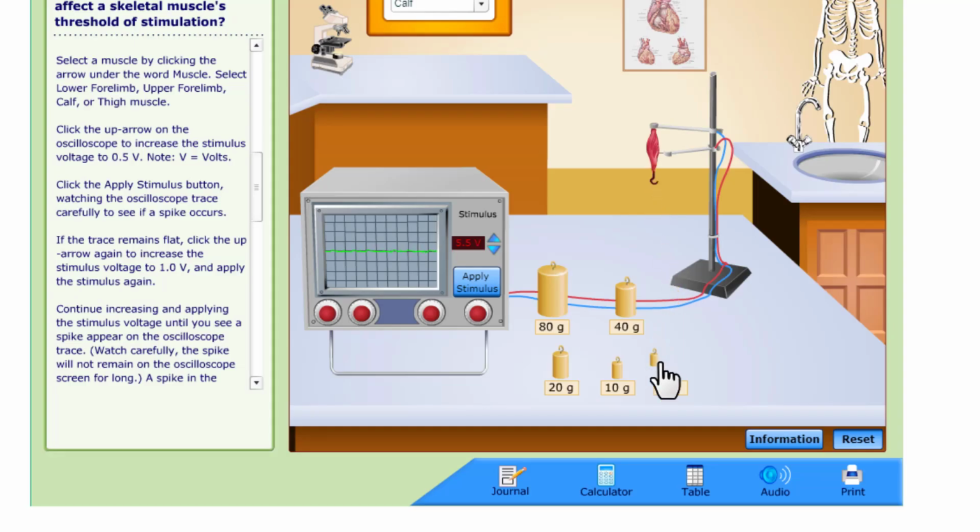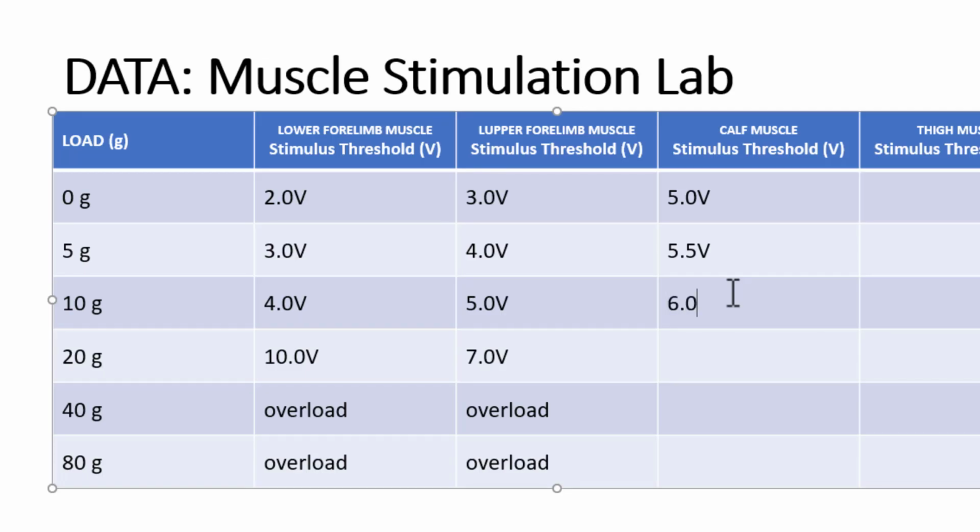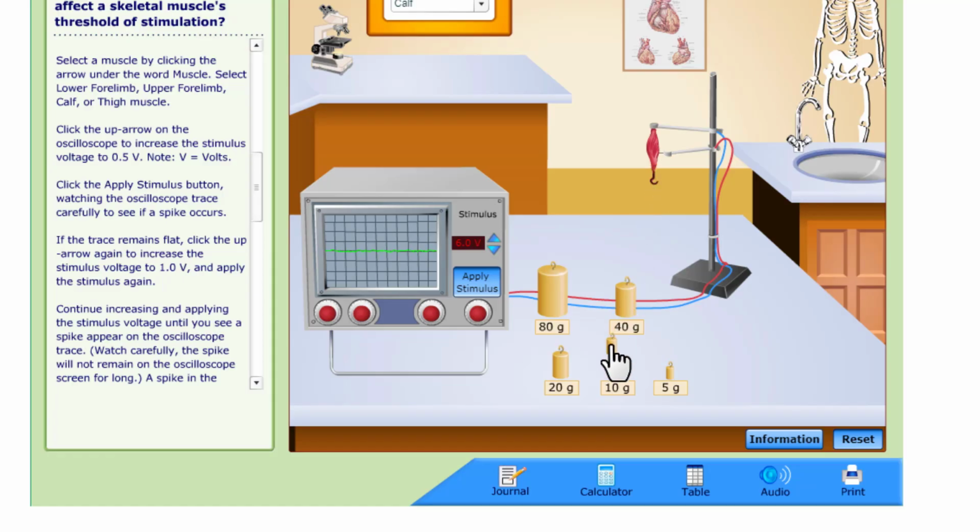Let's try our next weight. With the 10-gram weight now in place, let's continue to increase our stimulus. We are able to see a twitch when we apply 6 volts with a load of 10 grams. Let's remove the 10-gram weight and add the 20-gram weight, and continue applying our stimulus.